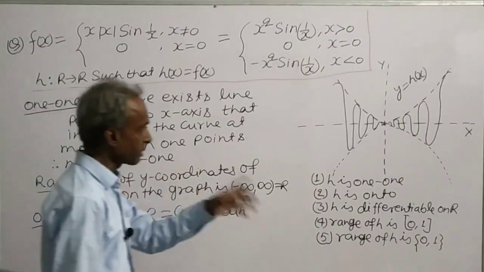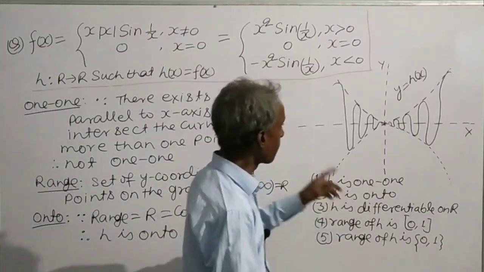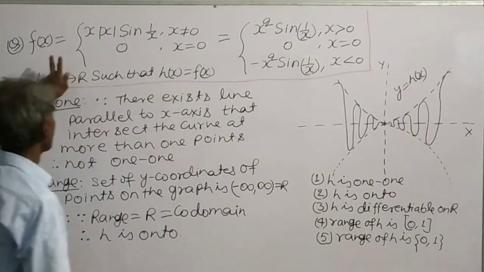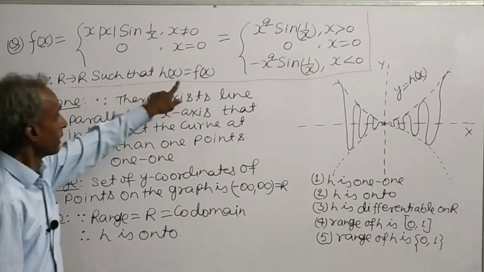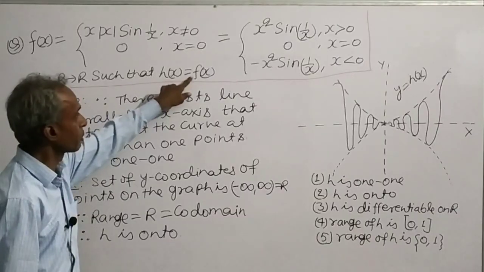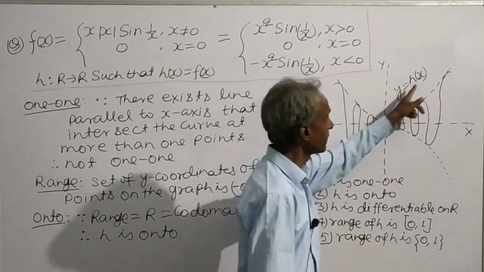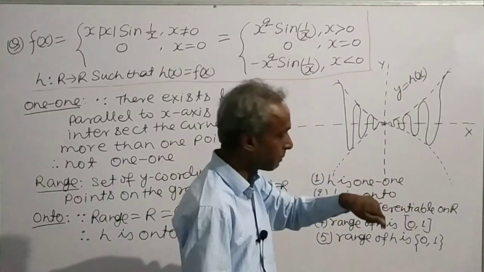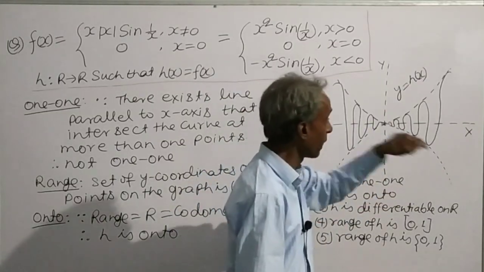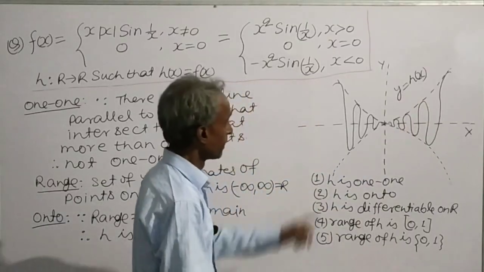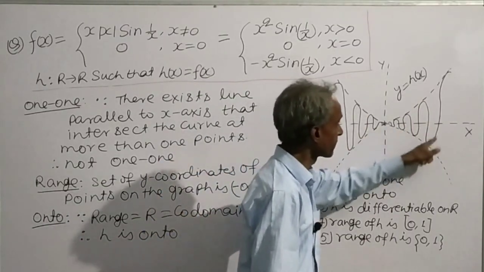In the previous video, we have drawn the graph of y is equal to fx. Since hx is equal to fx, therefore the graph of y is equal to hx will be the same as the graph of y is equal to fx. This is the graph of y is equal to hx.